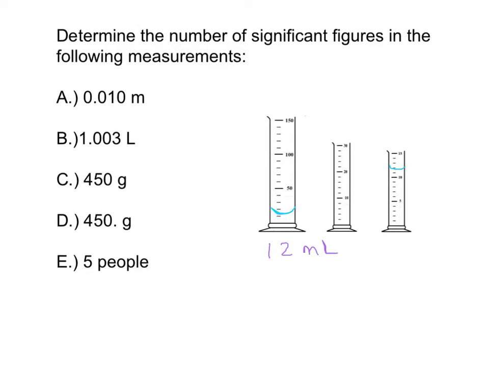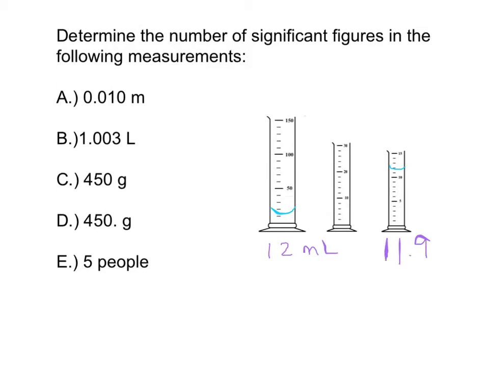But when we're looking at this smaller graduated cylinder where there's a tick mark for every milliliter, now we definitely know we have between 11 and 12 milliliters, but it looks like we have slightly less than 12 milliliters. So here we would say that we have maybe 11.9 milliliters.